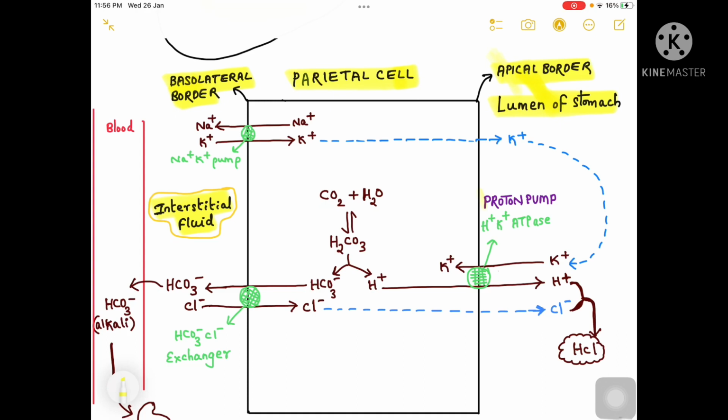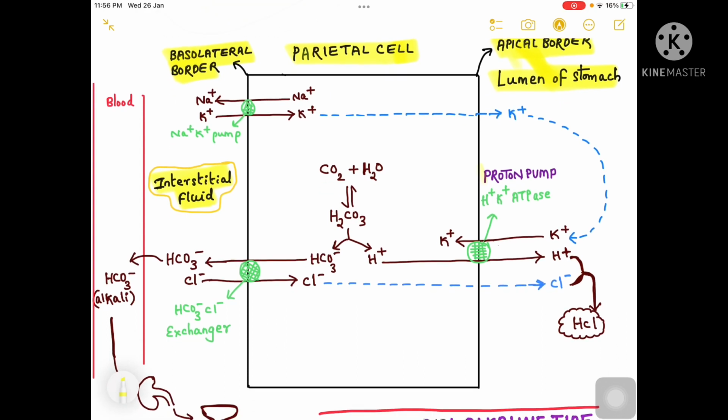As in all cells, at the end of metabolism in the parietal cell there is production of carbon dioxide. This carbon dioxide combined with one water molecule results in the formation of carbonic acid. This carbonic acid again divides into one bicarb ion and one H plus ion.